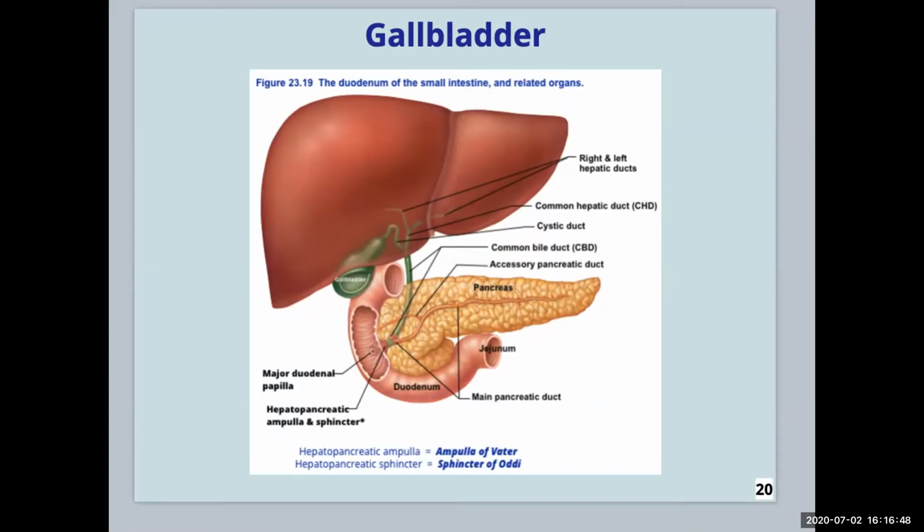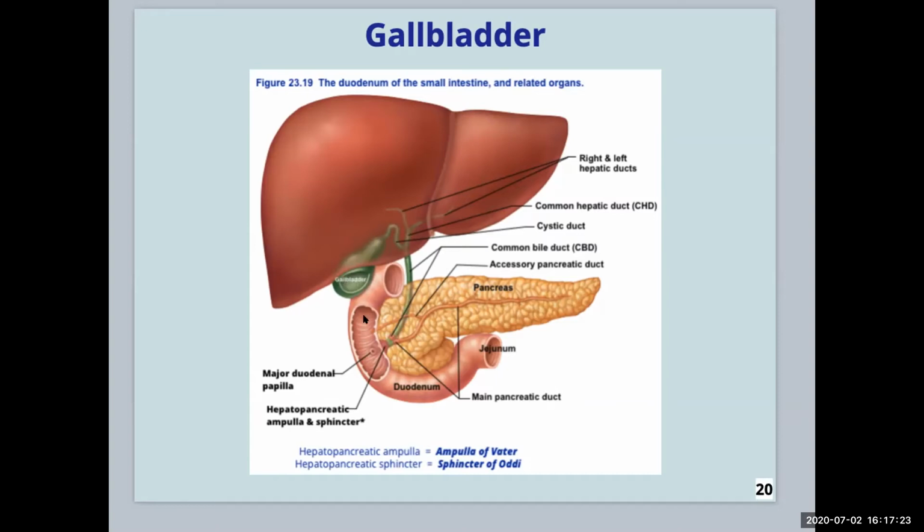Now, when the stomach empties foodstuff or chyme into the small intestine, into the duodenum, your duodenum senses the fatty chyme entering its lumen and sends a signal to the gallbladder, telling gallbladder to secrete, sorry. Remember, the liver is the one that secretes bile, and the bile gets stored in gallbladder.